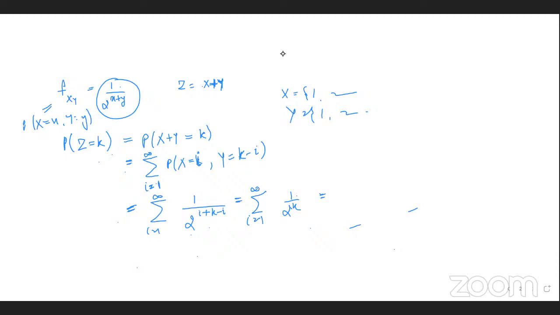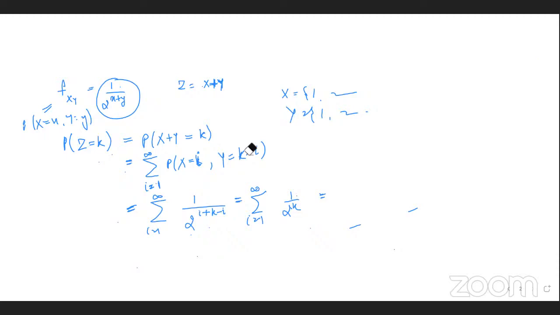Because x equals 1 and y equals... Oh, yes. No, ma'am, but x equal to i, right? So it can go from 1 to k. So i equals 1, so k minus 1 is correct. Somebody had told me they had solved this problem using this method.